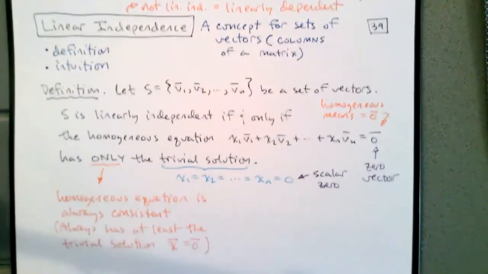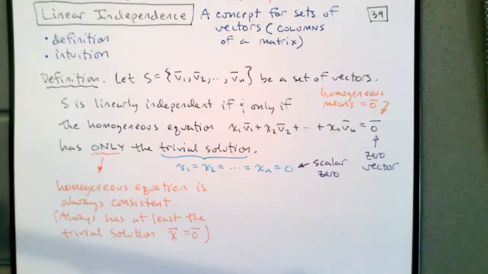We always get the trivial solution. We can always zero out all the weights, and then that will give us 0. The 0 combination of all the vectors will be 0. A set's linearly independent if that's the only way to do it.